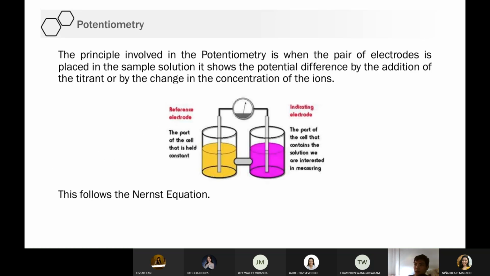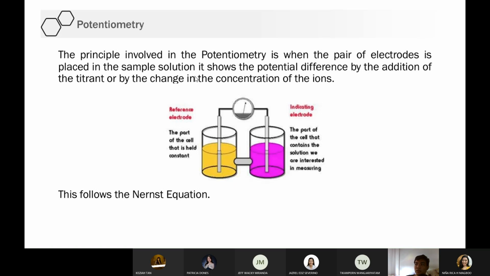Now let's proceed with potentiometry. The galvanic cell we described earlier is actually the basis of potentiometry. This should be familiar to you because it was presented earlier in our lesson. For a galvanic cell, the thing on the left is called the anode and the thing on the right is called the cathode.